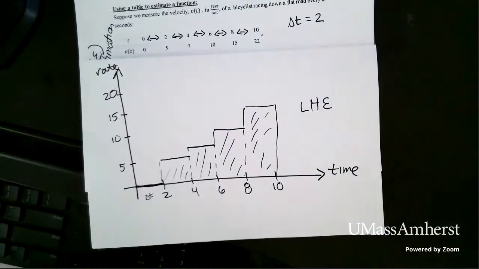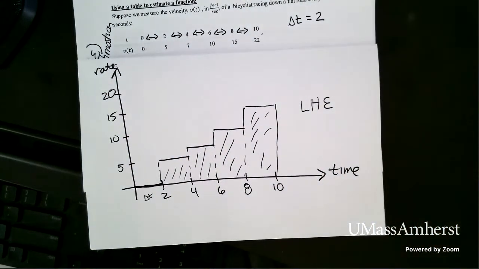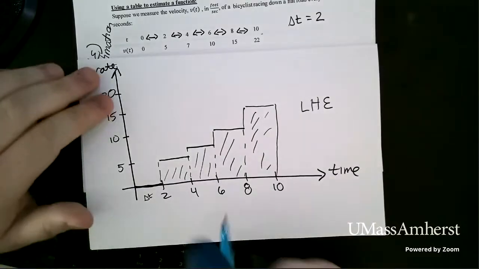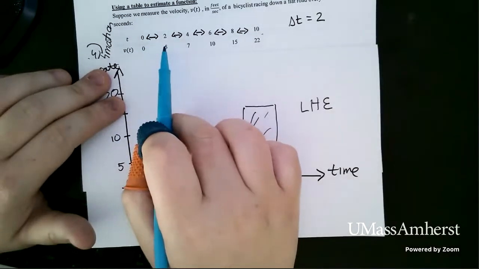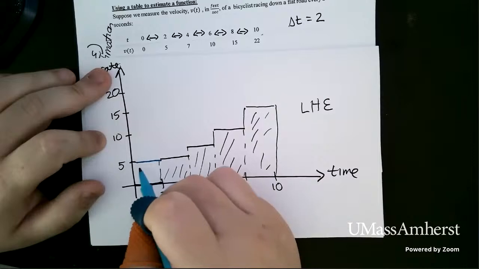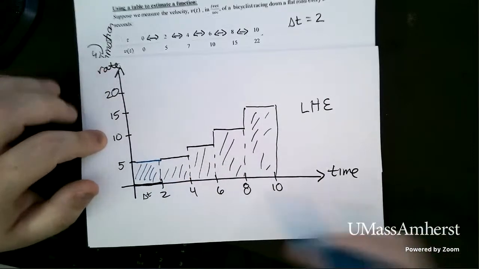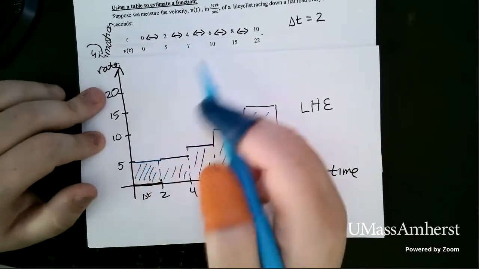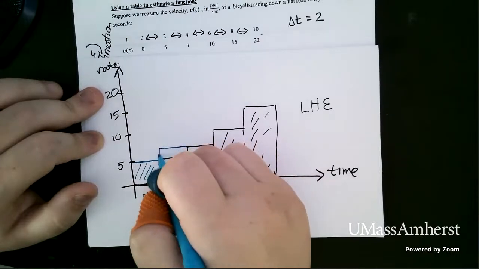What if we did the same thing with our right-hand estimation? Okay, so for our right-hand estimation, we said, okay, well, for the first 2 seconds, we're going to assume the rate on the right, which is 5. From time equals 2 to time equals 4, we assume the rate on the right, which is 7.